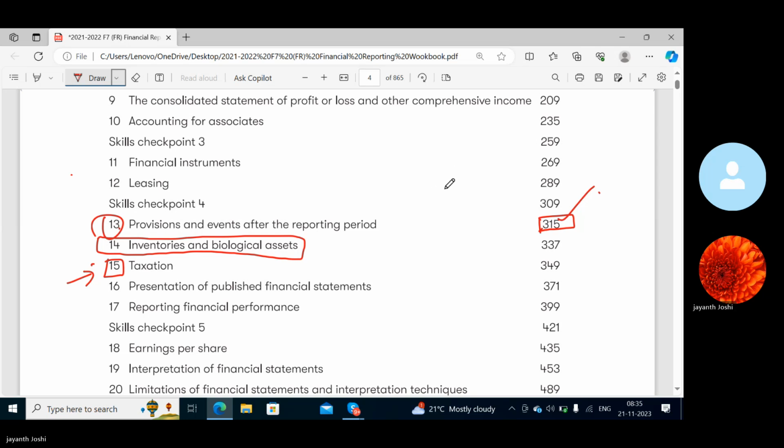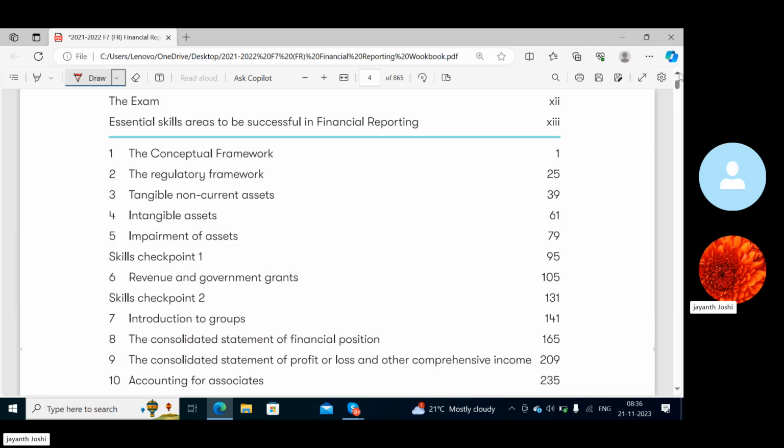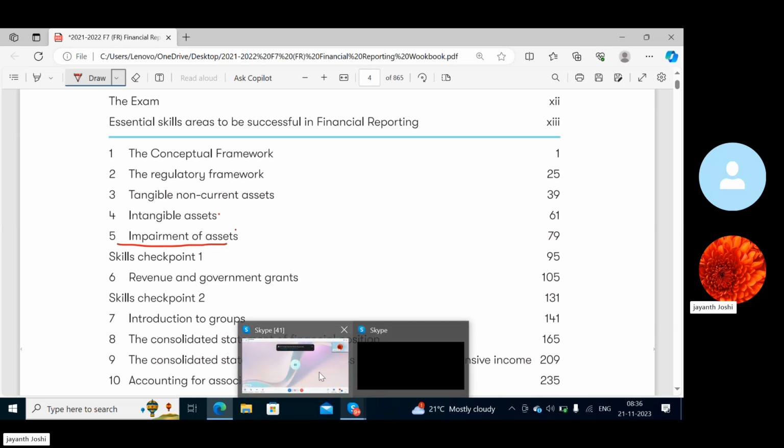I have only 2 chapters, that is taxation and financial instruments. Impairment is there, right? Intangible assets, not there? I don't have that video. So I will send intangible assets today and also will try to send impairment and provisions. Okay, I'll send and I'll message you.